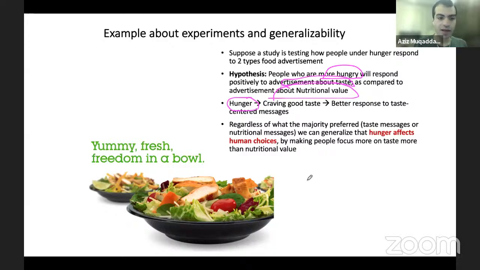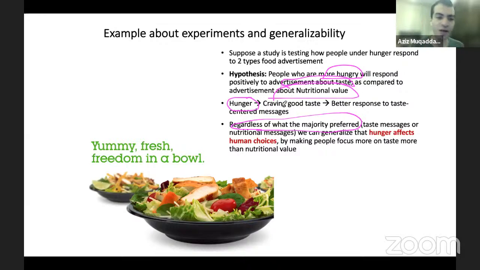So in terms of generalization, this is really important. Regardless of what the majority prefer, what we want to generalize is that hunger affects human choices in terms of food, making people favor taste more than nutritional value.